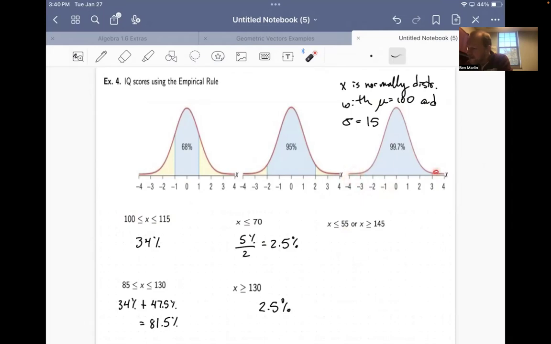Then 3 standard deviations above is going to be this part here. So the part that's outside of the middle 99.7% together is going to be 0.3%. A very small part of the population is going to be outside of those.